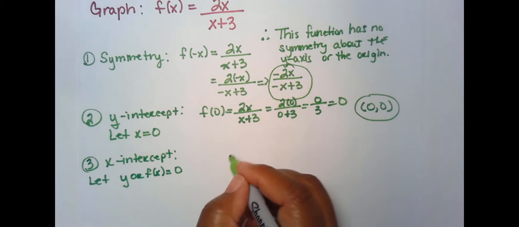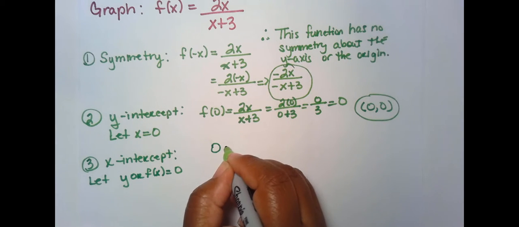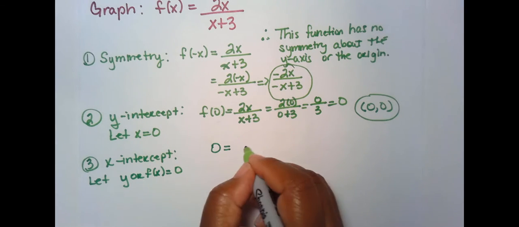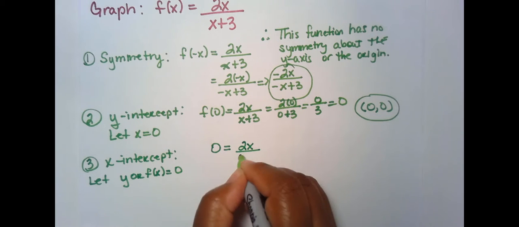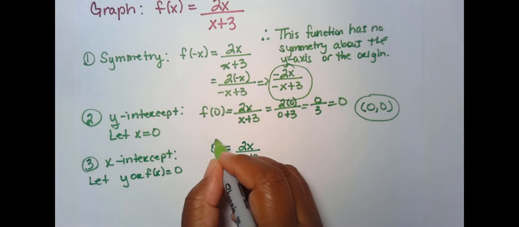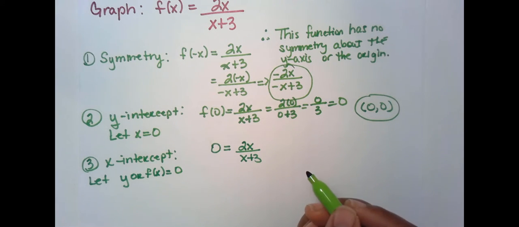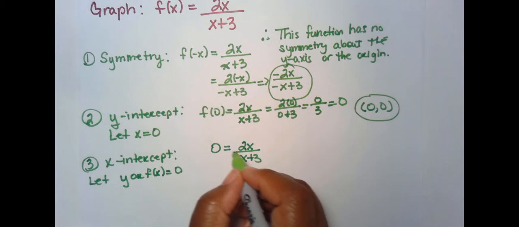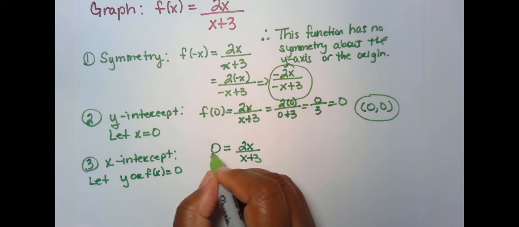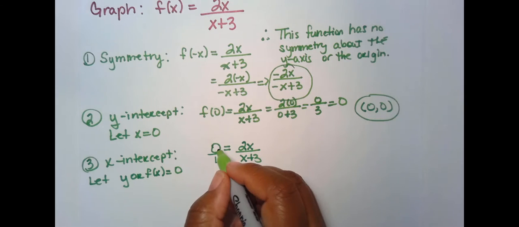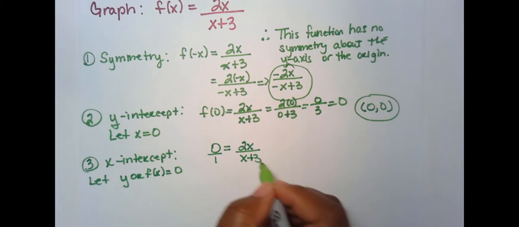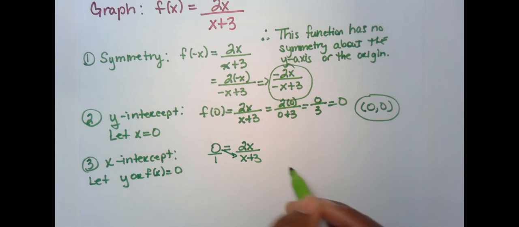So we have here 0 is equal to 2x over x plus 3. Remember that that was our f of x. Now we can cross multiply because I can make this 0 into a fraction by placing a 1 under the 0. And as we cross multiply, we have 0 times x plus 3.